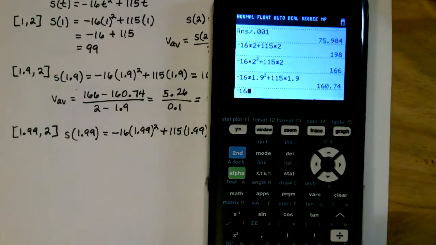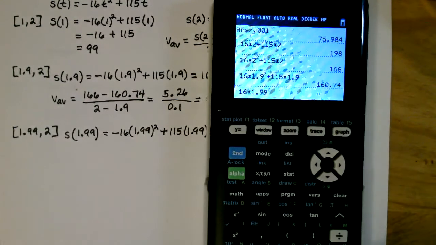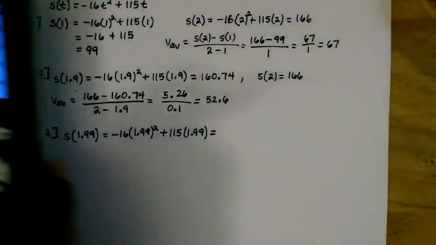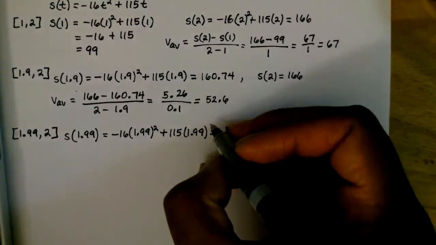All right, so negative 16 times 1.99 squared, plus 115 times 1.99. This will give us 165.4884.